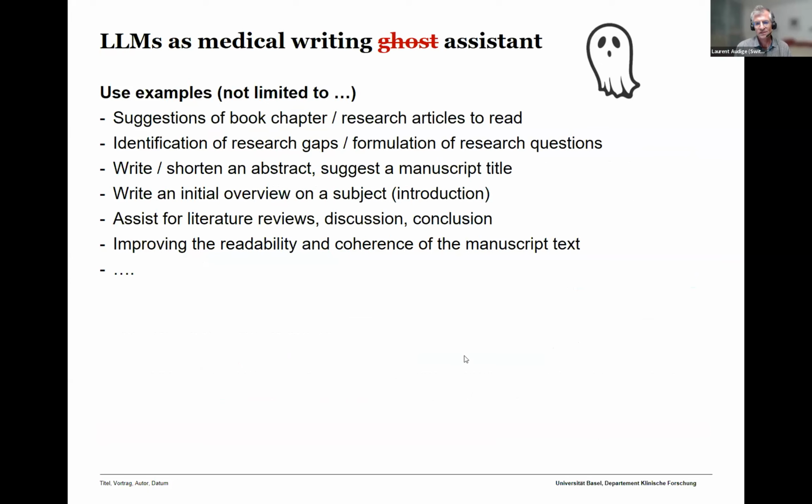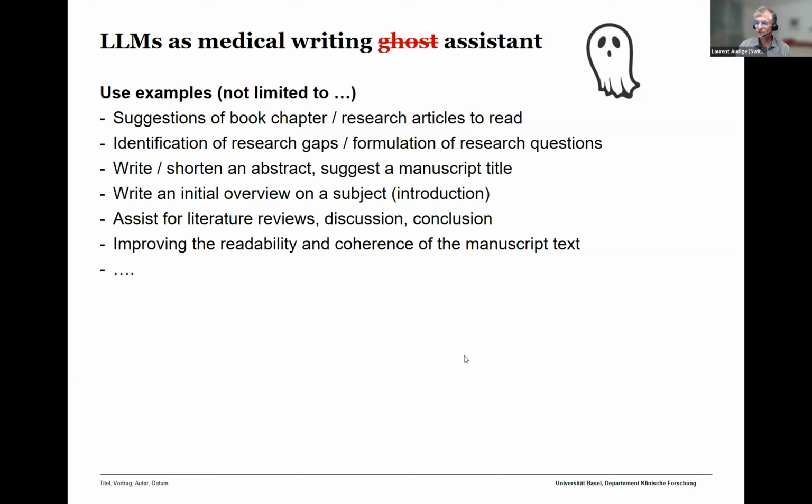I'd like to illustrate some of the issues that I've been looking at and what I've experienced. These are a few examples, but they are definitely not limited to this. If you start to do research with ChatGPT, whether you are planning the research or writing your manuscript, it can suggest a book chapter and research article to read on a particular subject.